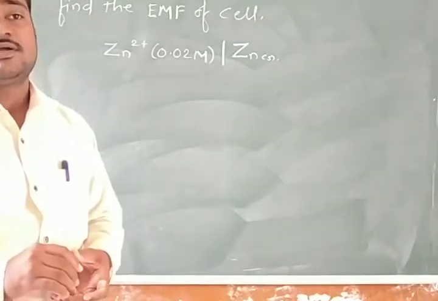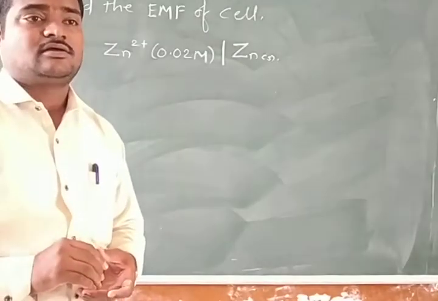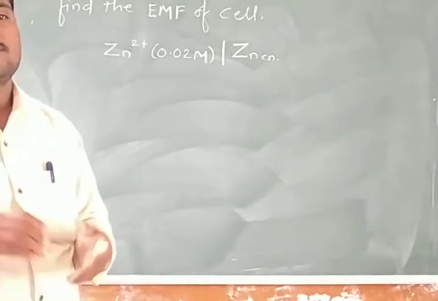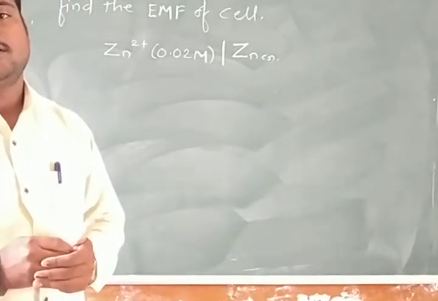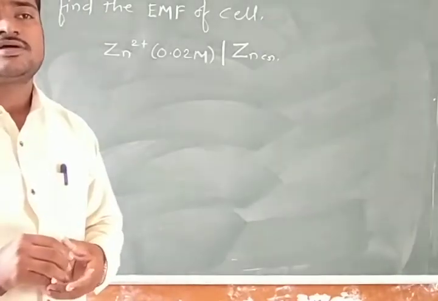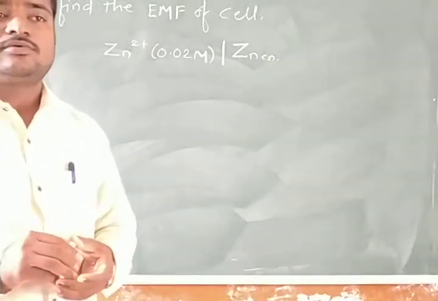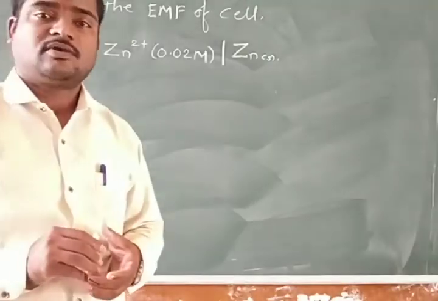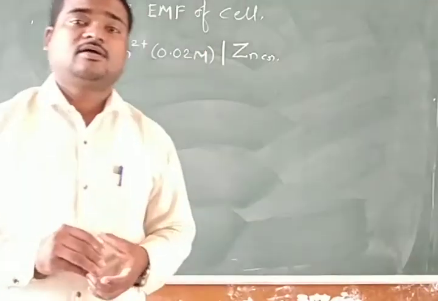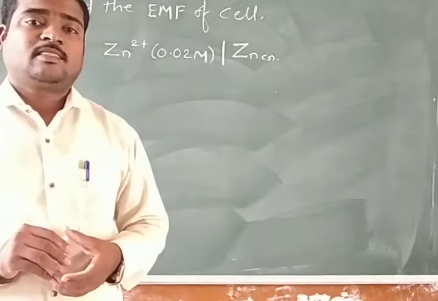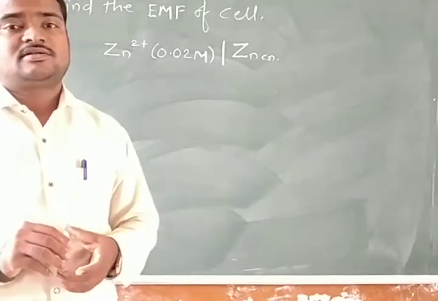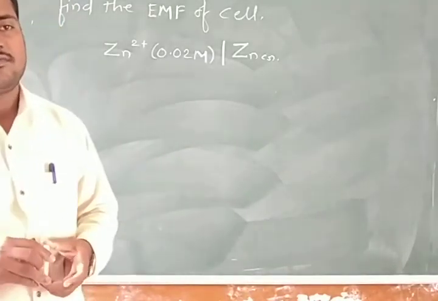Now students, before going to that, you should be provided with another value, and it may be the E0 for the corresponding Zn, and that value is provided in the given problem.